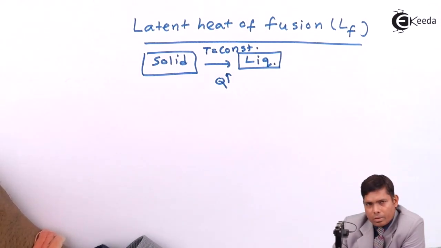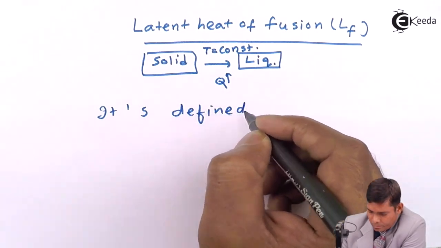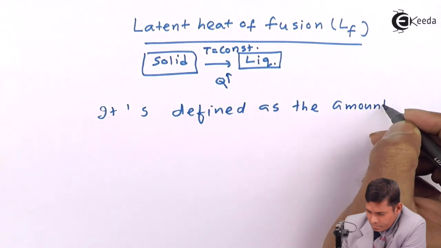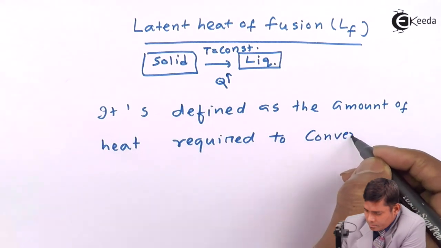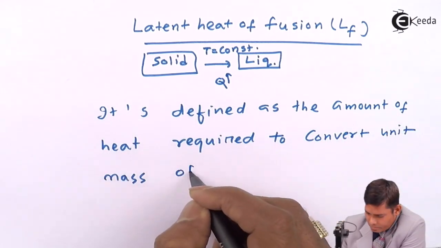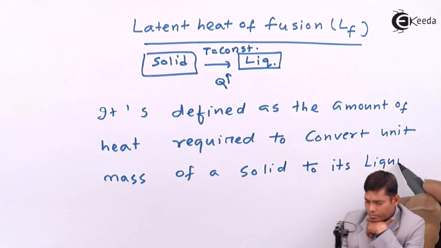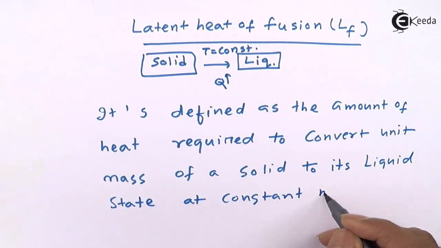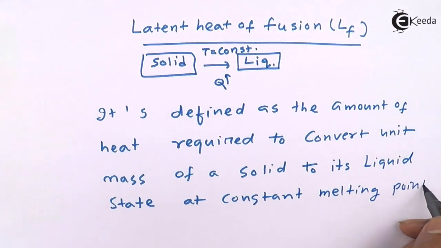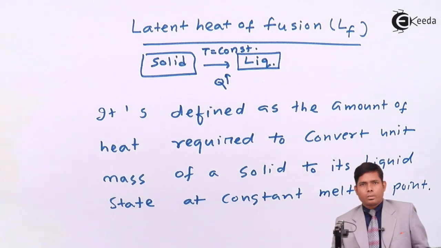So it is defined as the heat required to convert unit mass of a solid to liquid at constant temperature.